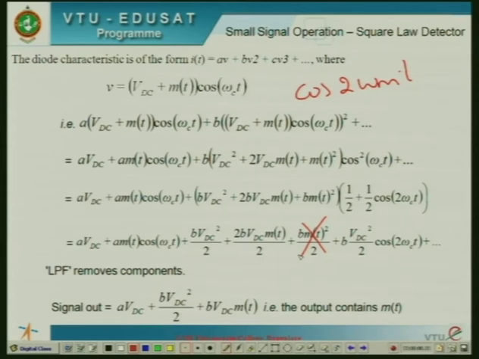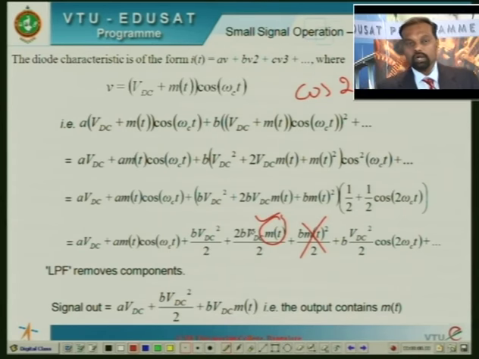The only component that we need to extract is m(t), because it is having m(t) scaled by b times VDC. To extract this data from the output of the diode, we take the information from the diode and give it to a low pass filter.